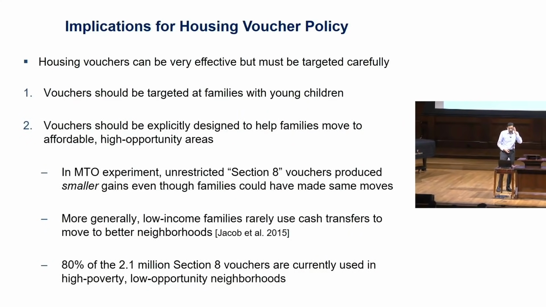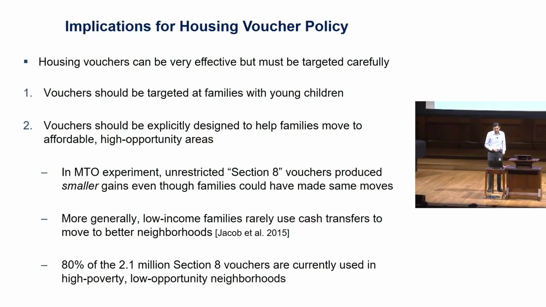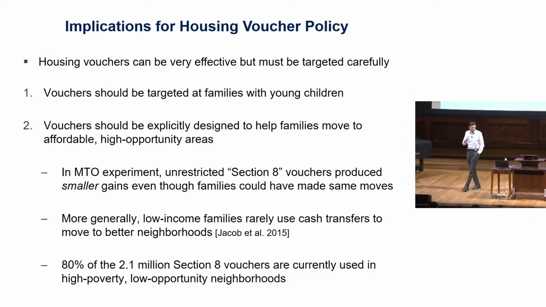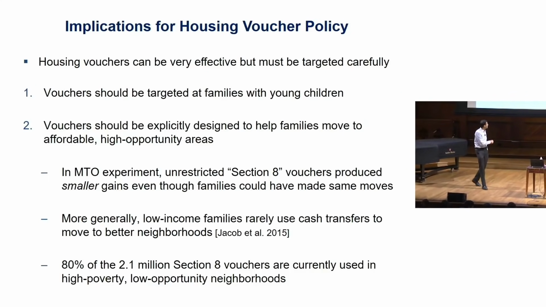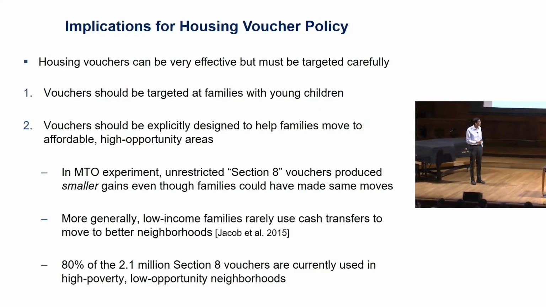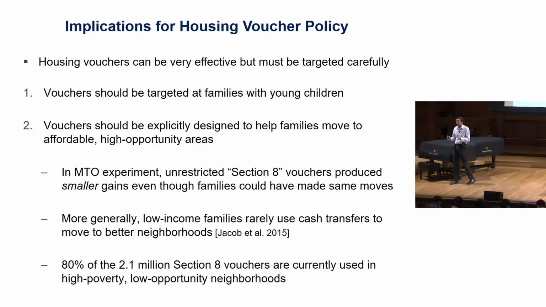Second, I think it's very important to explicitly design these policies to help families move to affordable, high opportunity areas. You will notice, and you picked up on this, that in the MTO experiment, the unrestricted Section 8 vouchers actually produce smaller gains for the kids, even though families could have gone to exactly the same neighborhoods that the families who got the experimental vouchers ended up going to.